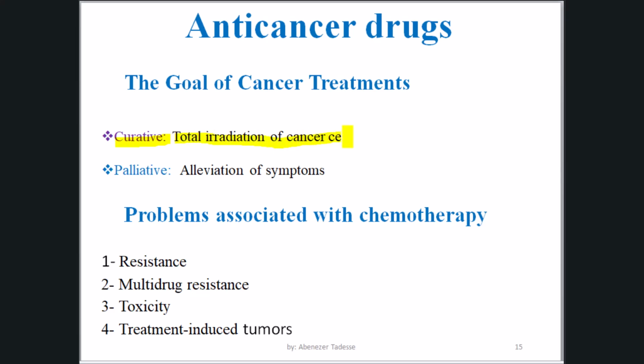This can be achieved by giving combination regimens that act by different mechanisms of action, and that have different toxicities, so as to avoid any harm to the host. If curative therapy is not possible, the second choice would be palliative treatment.